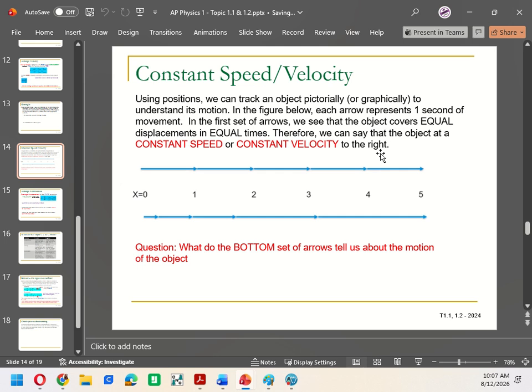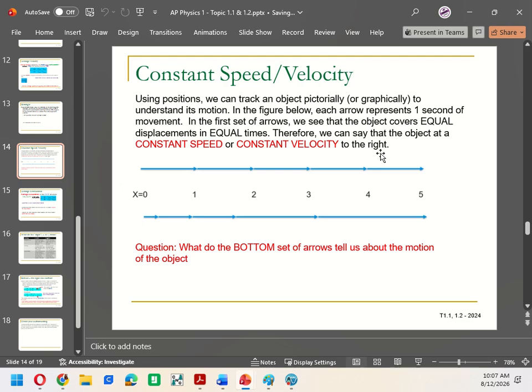Now for the next one, we're going to have right here, 1 second. It's not all the way to the 1. 2 seconds, it makes it to the 1. 3 seconds, it's almost to the 2. 4 seconds, it's a little bit past the 3. 5 seconds, it is all the way to the 5.